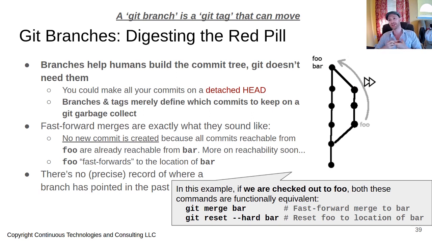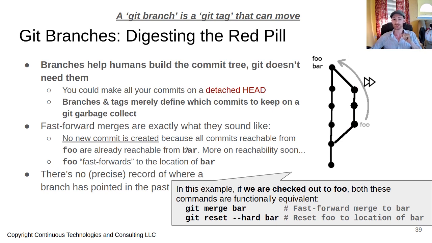Another thing you'll realize is that fast forward merges, you may have seen this before when you type git merge, you may see a printout that says merge made by fast forward. That is exactly what it sounds like with respect to the tree. No new commit is created. Remember how when we created merge commits before, we actually create a new commit that has 2 parents?